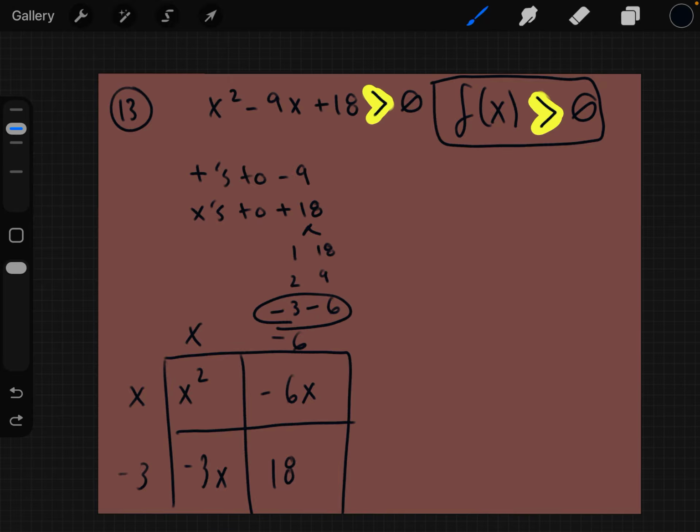If the negative is not close to the line, don't pull it out, like over here. So then we check to see if we foiled correctly. Not foiled. Factored. X squared negative 3x. We did factor correctly. So now we just solve for these.